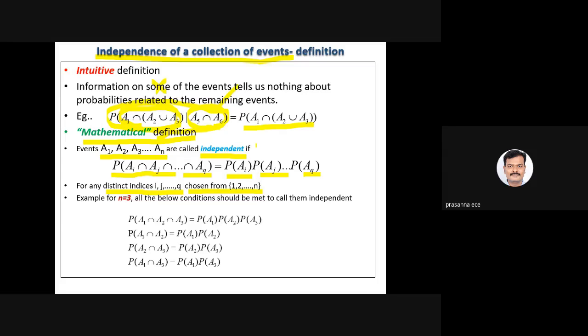This is a little bit tedious definition, so we'll see what we mean by it.